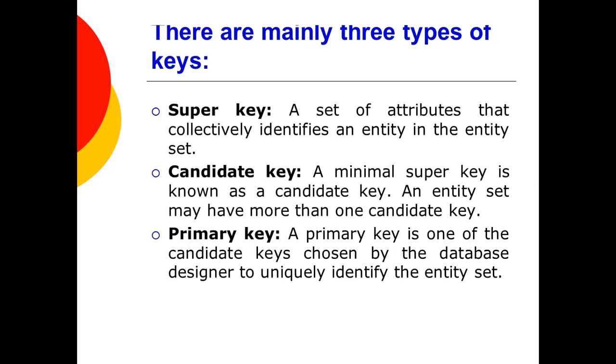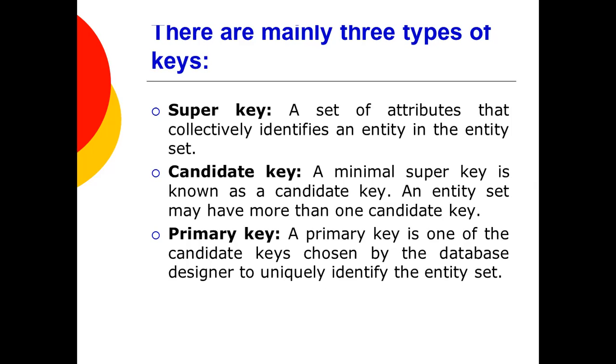Candidate key: a minimal super key is known as a candidate key. An entity set may have more than one candidate key. We have the entity set, and the entity set consists of a number of entities. Suppose I give you the example of the university polytechnic.